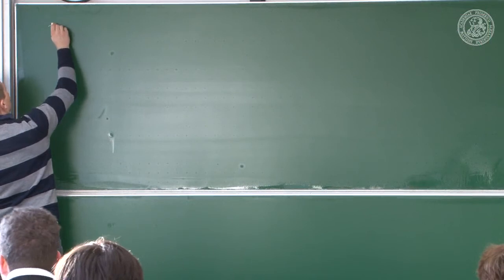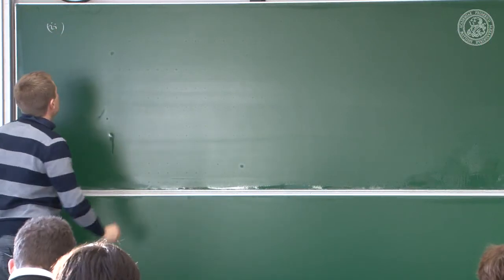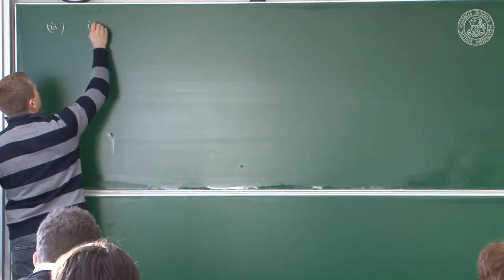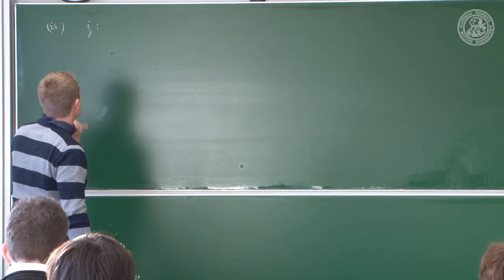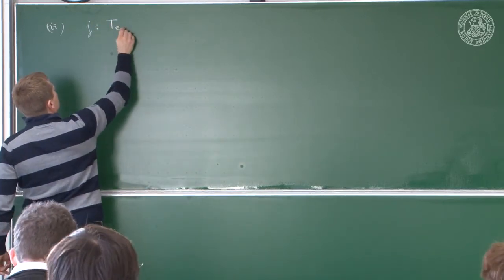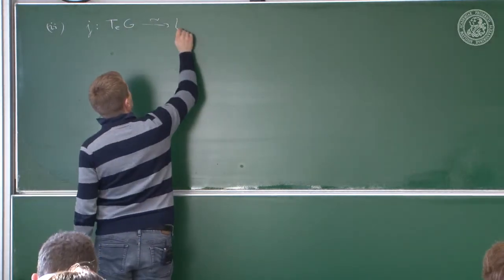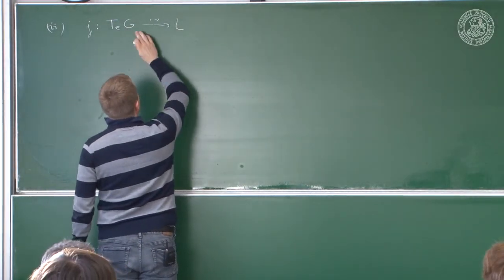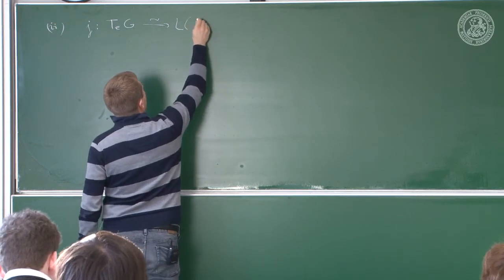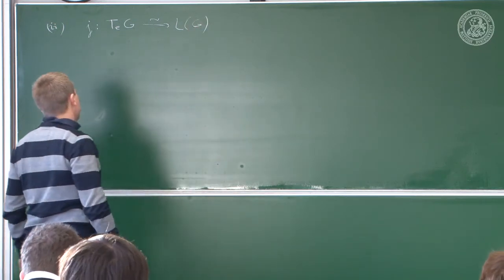So the second question, of course, is this map, I write down again because I had to erase it. We were attempting to construct a linear map that's an isomorphism from the tangent space to the Lie group at the identity into the set of left invariant vector fields.